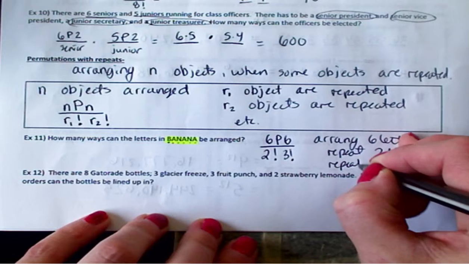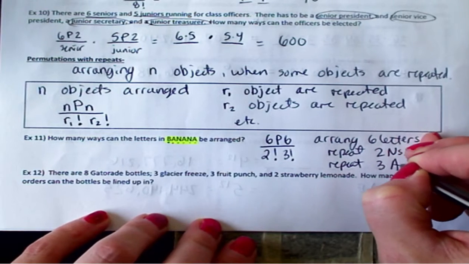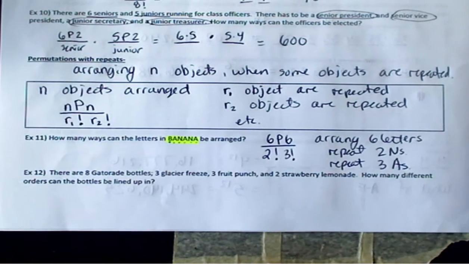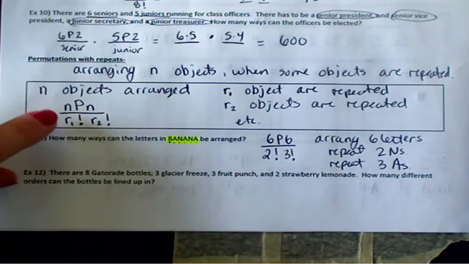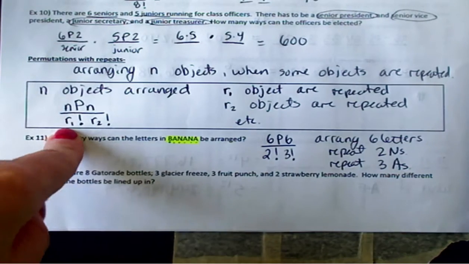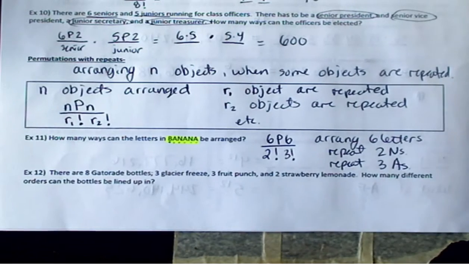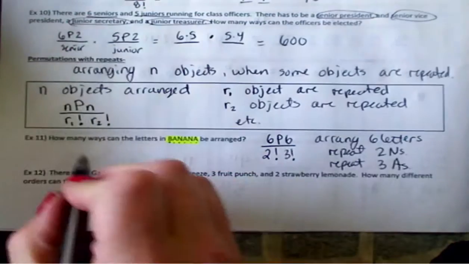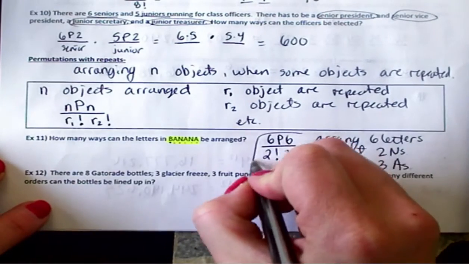So repeat 3 A's. That's exactly what the formula is doing. Whatever is repeated, we have to divide out the rearrangements because it is still the same order.